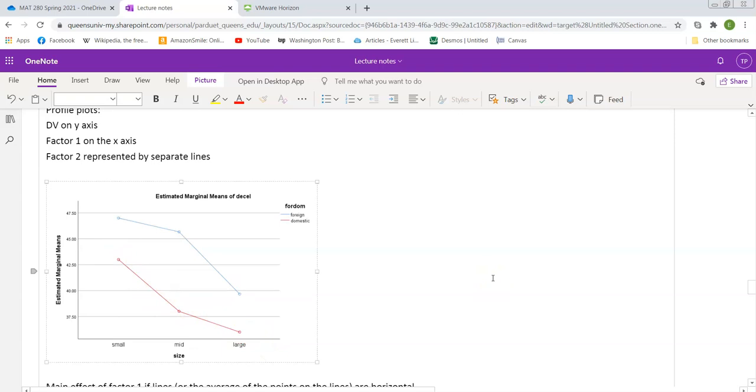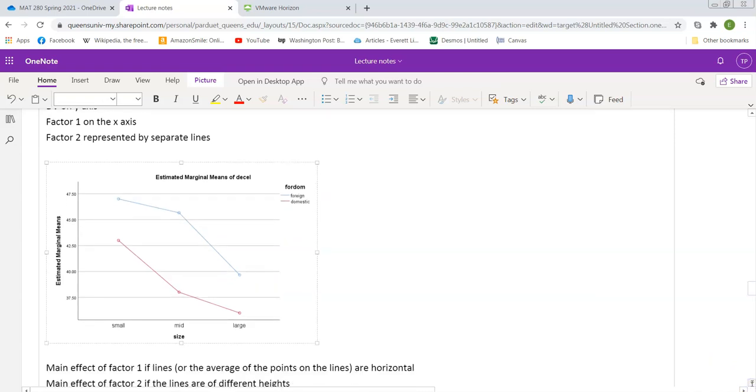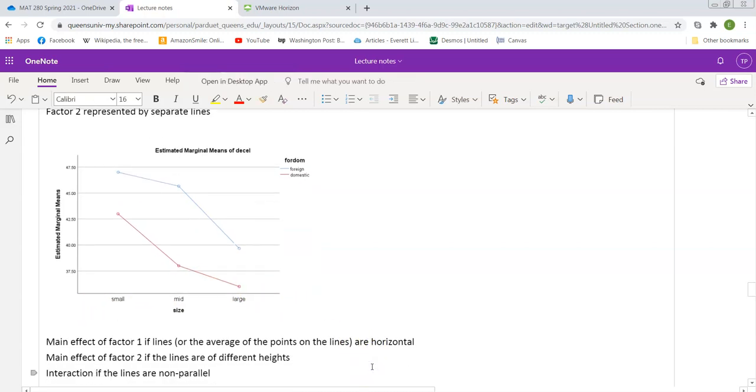You need to be able to read these plots. They're very, very useful and very informative if you know how to read them. So basically, when you look at these plots, factor 1, the one that's on the x-axis, has a main effect if the lines are not horizontal.